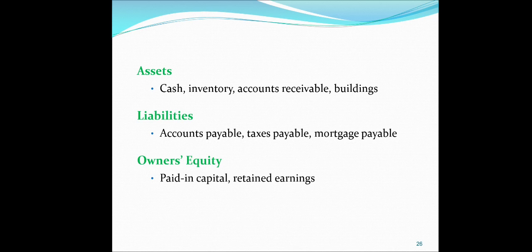Non-current assets are assets that will be used or useful for a period of more than 1 year. If you see the example here, the first one is cash. What do you think about cash? Is it an item that will be used within 1 year or more than 1 year? Cash, most of the time, will be used within 1 year.